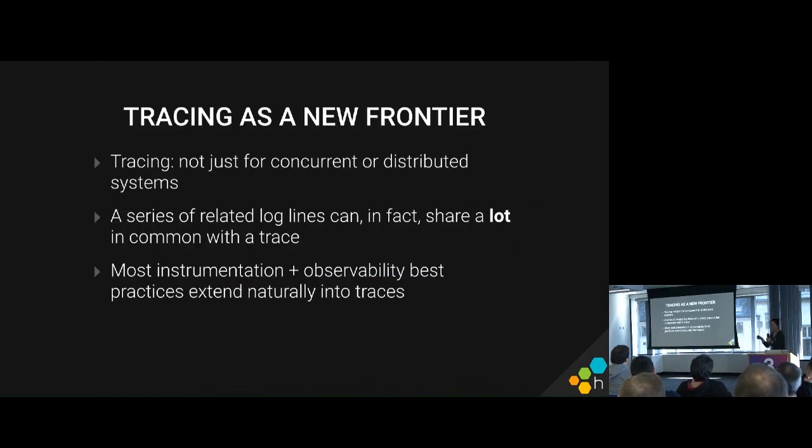By identifying these business-relevant fields, establishing these common standards, and thinking in terms of aggregates and trends, there's a whole lot from these instrumentation and observability best practices that translate directly to making working with traces awesome.